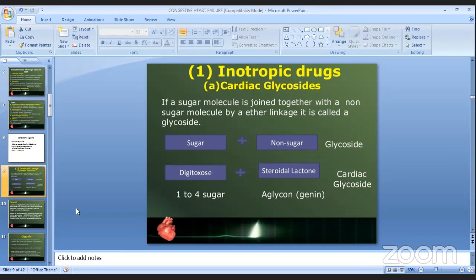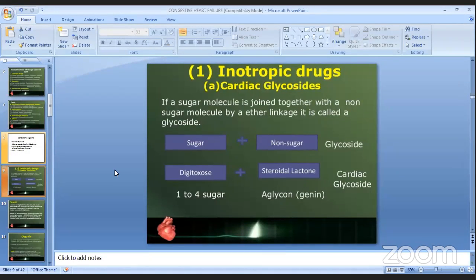Cardiac glycosides have three moieties: one is sugar, another is steroid, another is lactone. The sugar part is attached at the C3 position. It may be 1 to 4 sugars. In the case of digitoxin and digoxin, digitoxose is the glycon part, and the other part is the steroidal aglycon part.